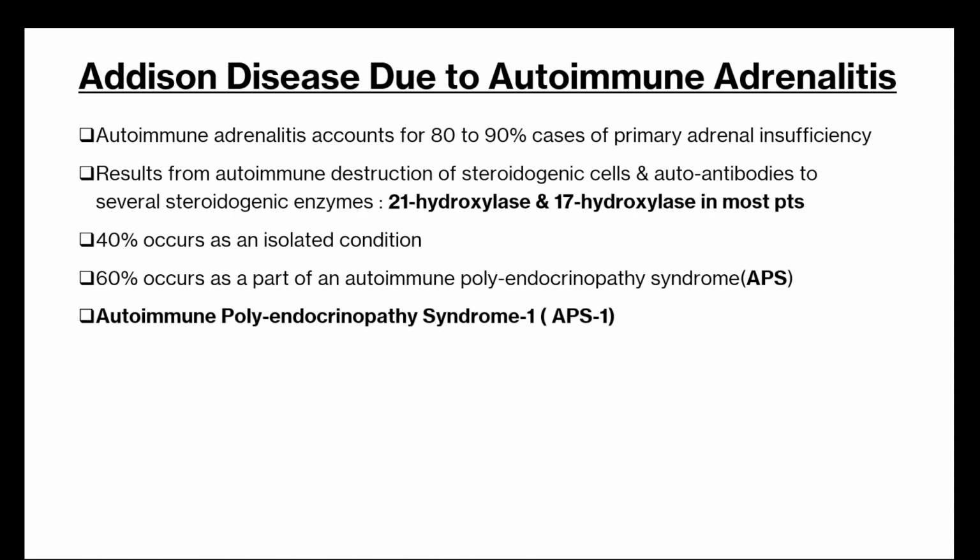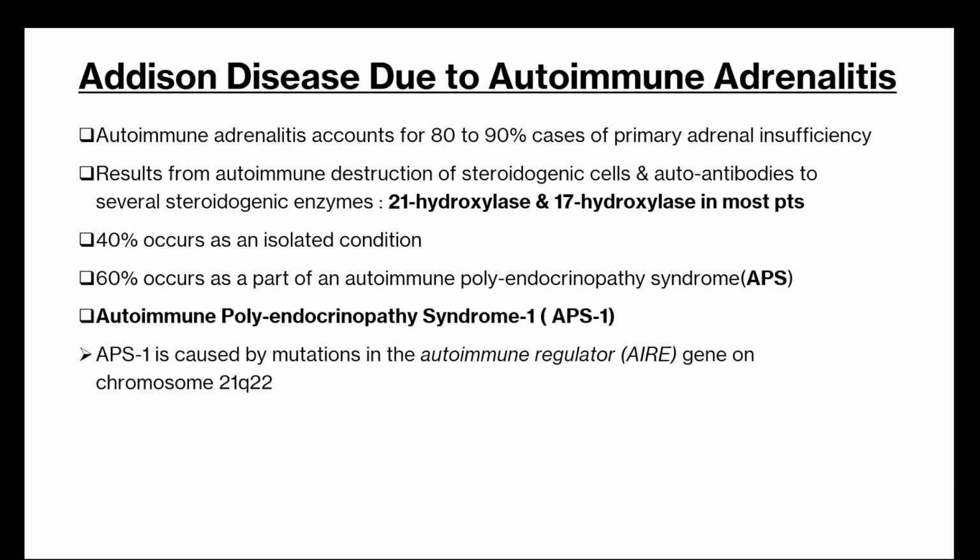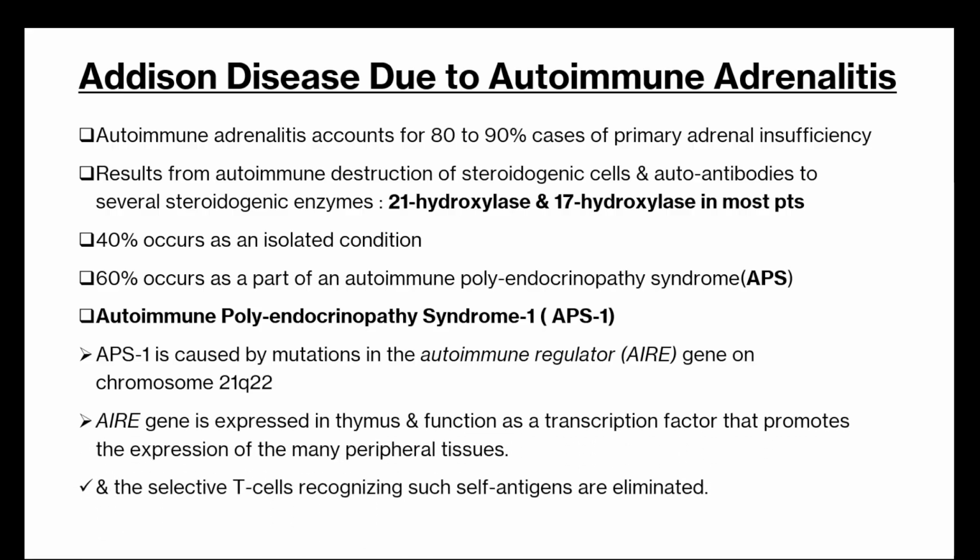APS type 1 is caused by a mutation in the autoimmune regulator gene, which is normally expressed in the thymus and functions as a transcription factor and promotes the expression of the main peripheral tissue antigens, and the selective T cells which recognize self antigens are eliminated by the mechanism of central T cell tolerance or peripheral T cell tolerance.